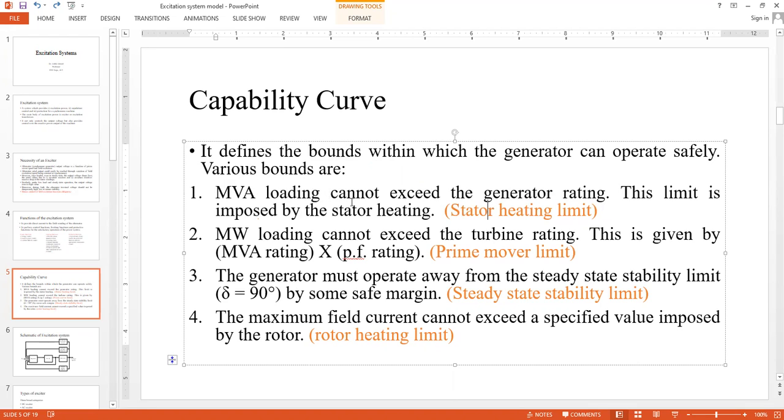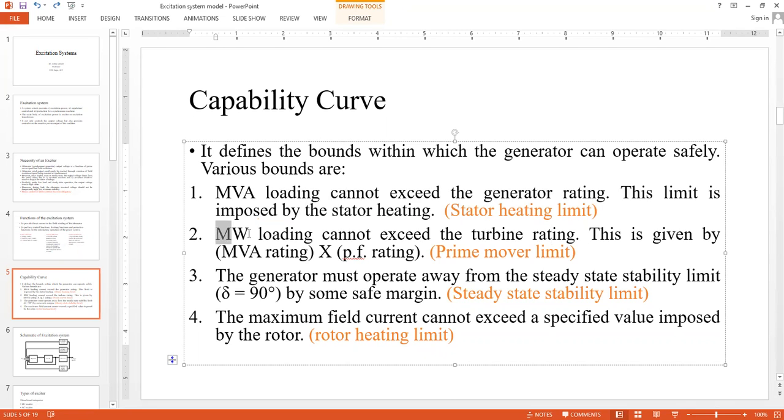Due to that current, you get some I²R loss in the coils, and that is translated into stator heating. So if you load your generator beyond the maximum MVA loading limit, you are going to increase the stator heat continuously, and that would ultimately create chaos for the machine.